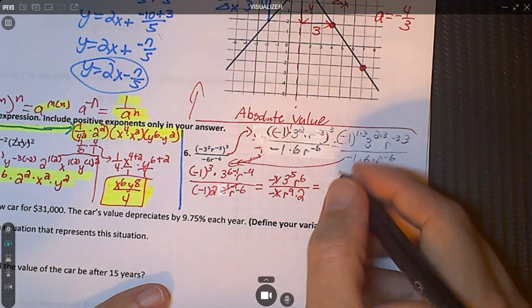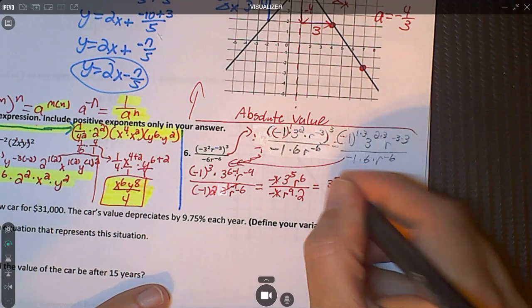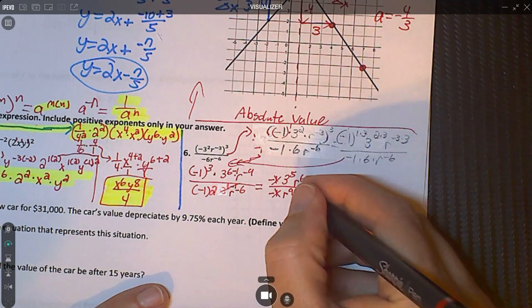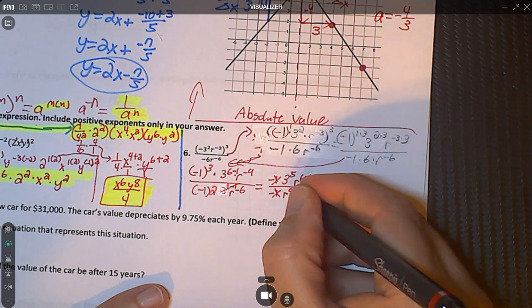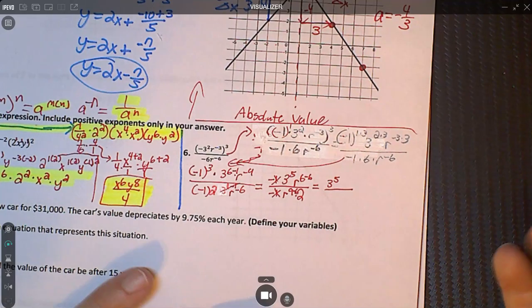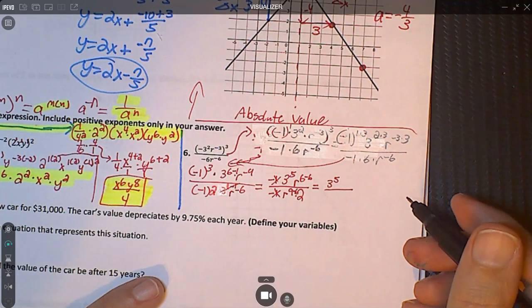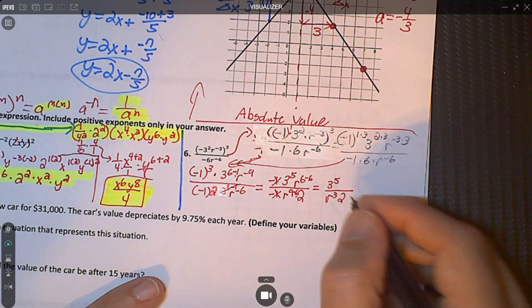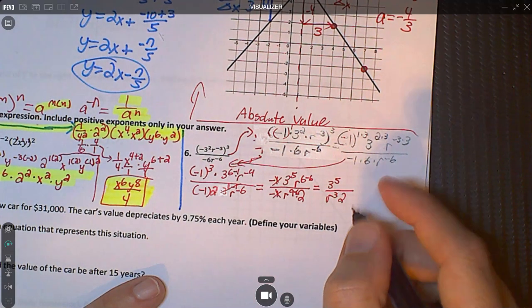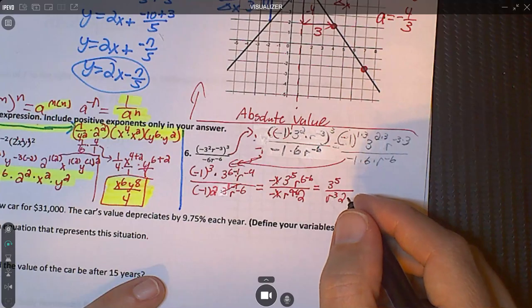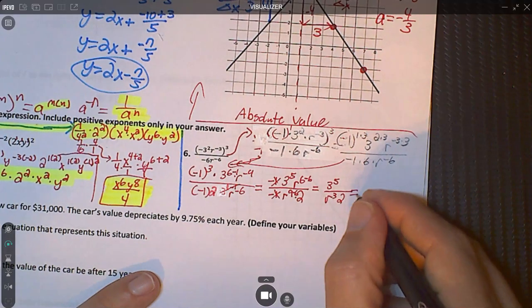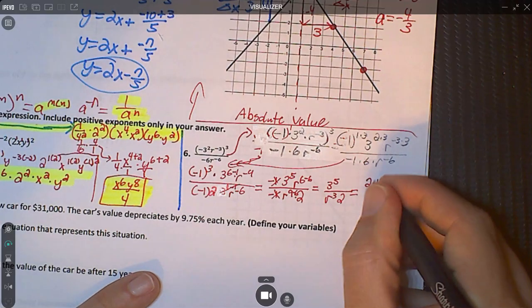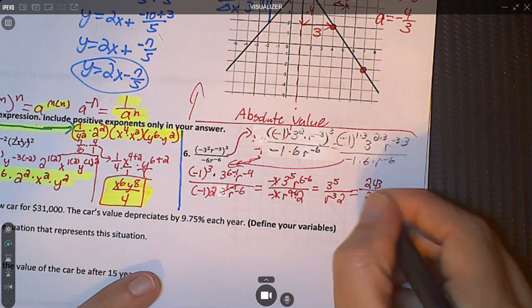So this would just be 3 to the 5th. You can take 6 r's and take 6 r's there, so that leaves times 1 up top. That'd be 243 over 2r to the third.